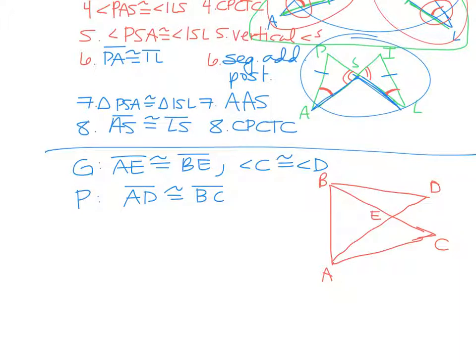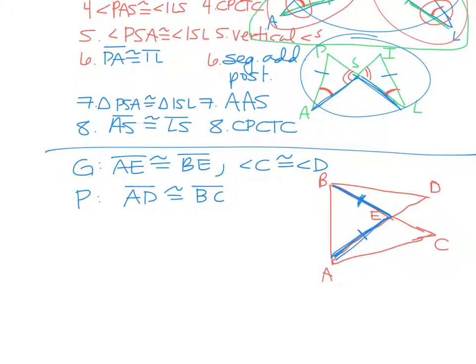All right. So this is our setup. First thing we're going to look at is the fact that they told us that AE is congruent to BE. So if you look here, this piece is congruent to this piece. What do you see knowing that those are congruent? It's an isosceles triangle, okay?